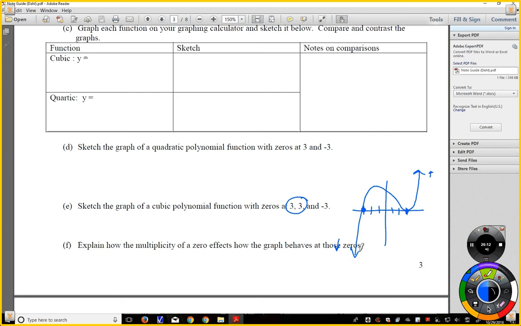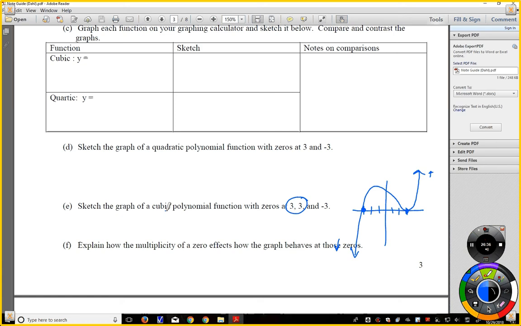But with those two zeros, I'm able to make it look like a cubic because one of the zeros had multiplicity of 2 and became like a turning point. Okay? Any questions on why this sketch is different than the previous one we did? Okay, and I knew to do that because of the multiplicity here and because it should match up like a cubic. The other one was quadratic. There weren't any multiplicities in the zeros, so I need to pay attention to those things.